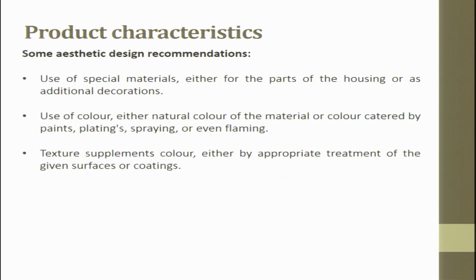Some aesthetic design recommendations: use of a special material either for parts of the housing or as additional decoration. Use of color, either natural color of the material or color created by paints, plating, spraying or even flames. Texture supplements color, either by appropriate treatment of a given surface or coating.